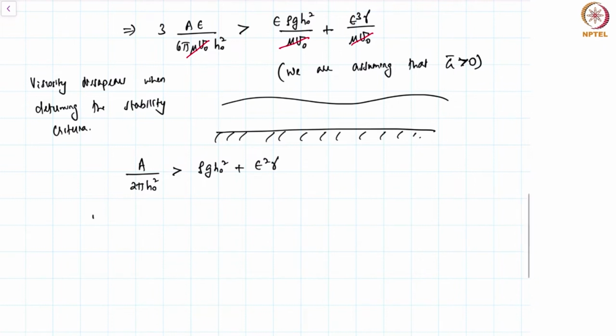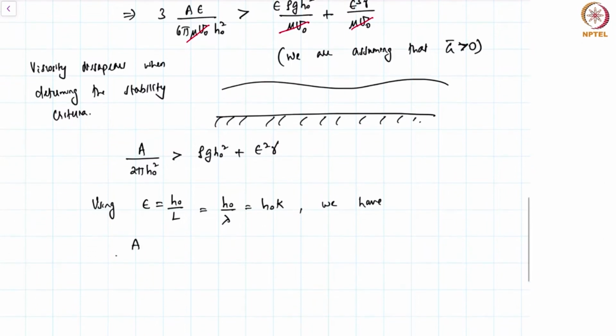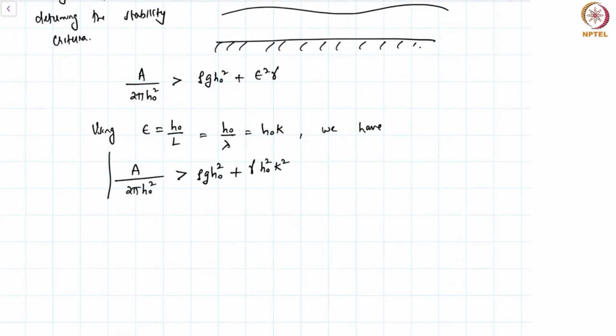Just like we had done in the previous lecture, if we define epsilon as h naught by L, which is h naught by lambda or h naught by k, all of them are the same, then we have A by 2 pi h naught square greater than rho g h naught square plus, writing epsilon in terms of h0 and k, gamma h0 square k square. So this is the criterion that we have.